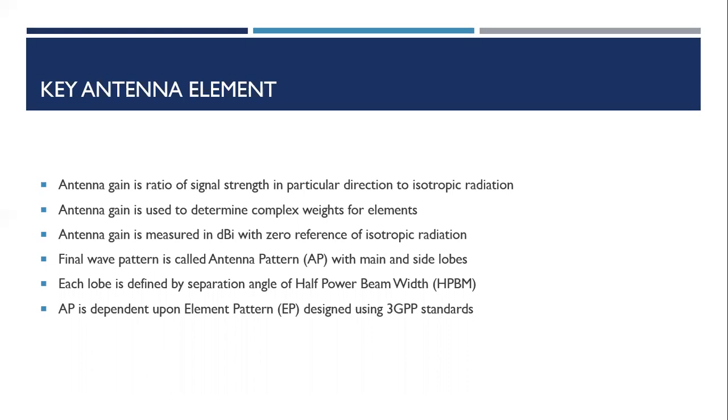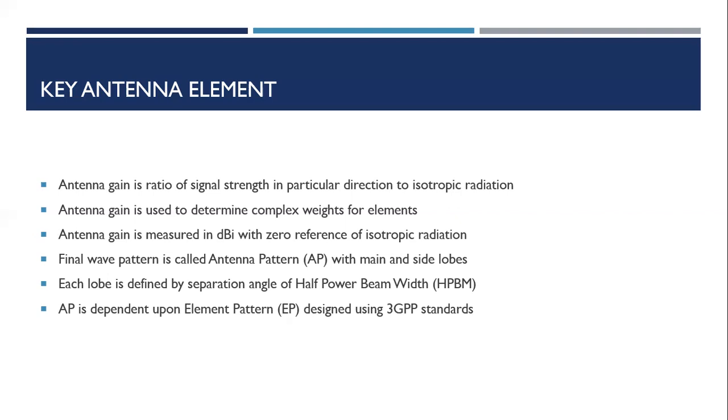Apart from antenna gain, another important element of the smart antenna is antenna pattern. Antenna pattern basically defines the entire beam generation with its main lobe as well as the side lobe. So the final output of the smart antenna in the form of a wave is called the antenna pattern. Antenna patterns have main lobes and side lobes, and for each lobe we have a very important parameter, which is called the half power beam width or HPBW.